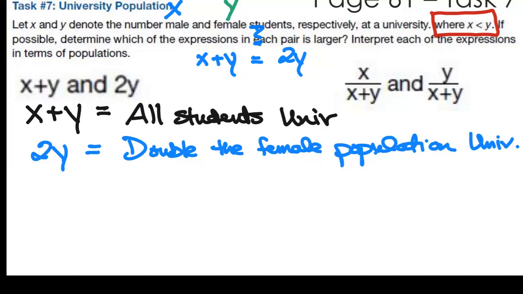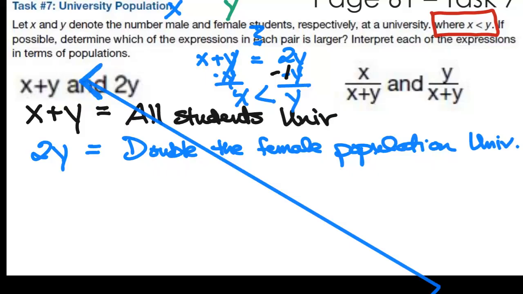Subtract a Y. So if I take away a Y here, and I take away a Y here, I'm left with X, and I'm left with not 2, because this Y is actually 1Y, right? So 2Y minus 1Y leaves me with Y, and what do we know about X compared to Y? It's less than. So if you take away the same amount, isn't X plus Y still going to be less than 2Y?